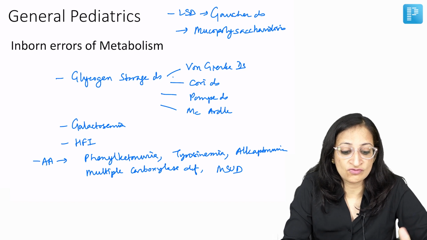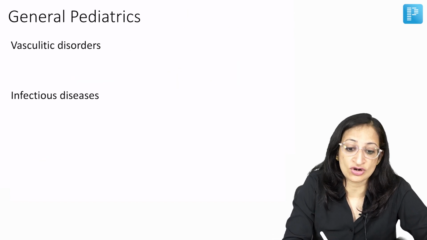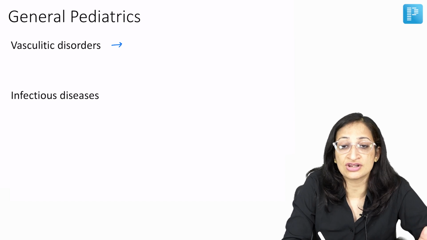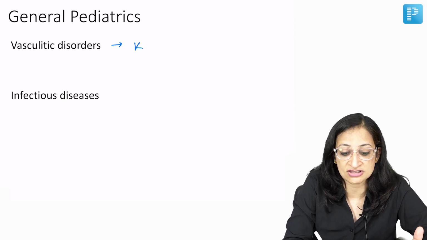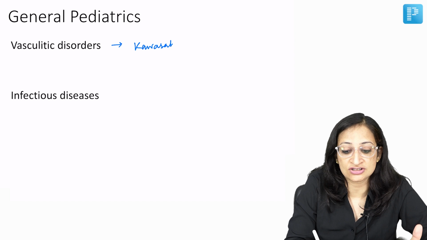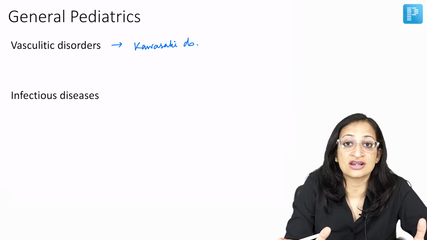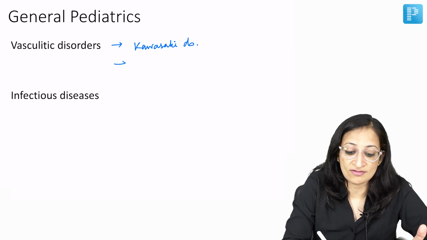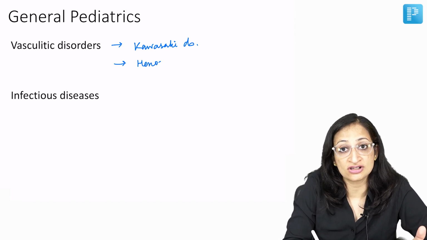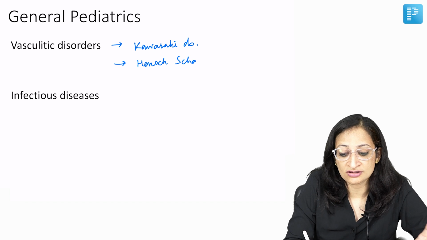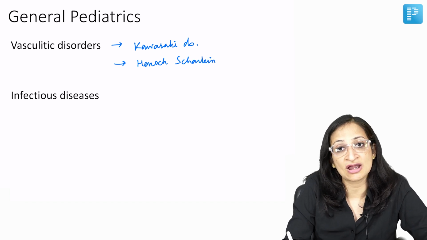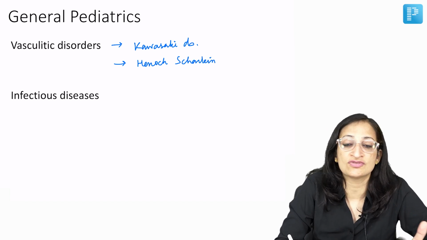Now moving on to vasculitic disorders, the two most important ones often asked from pediatrics are Kawasaki disease, which is particularly common in the pediatric age group, where the clinical diagnostic criteria are very, very important, and Henoch-Schönlein purpura. Recently, in your INI-CET pattern question, there was a question on the treatment of Henoch-Schönlein purpura.